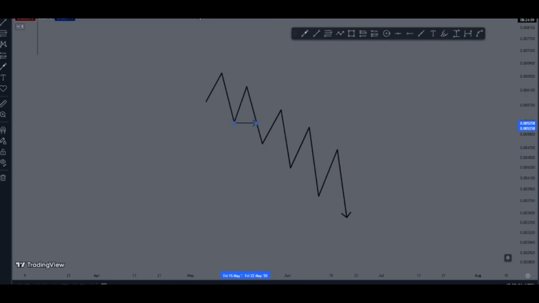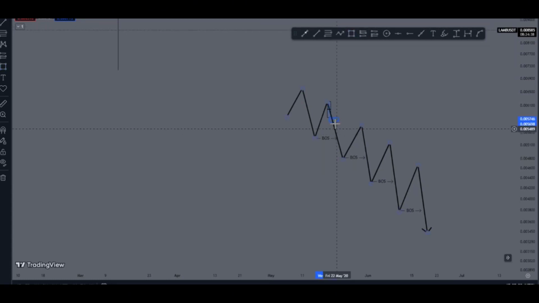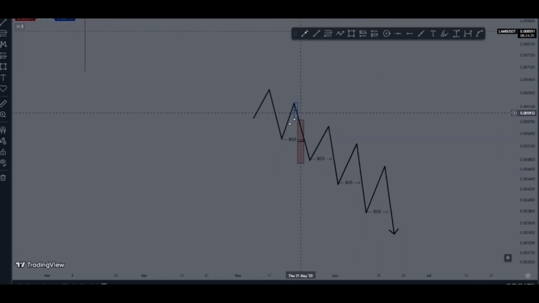Let's put it as break of structure, and let's make this our last bullish candle before this huge bearish candle took out this last low.